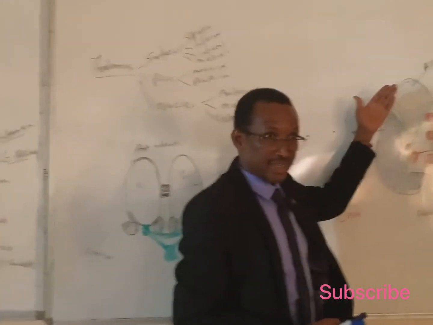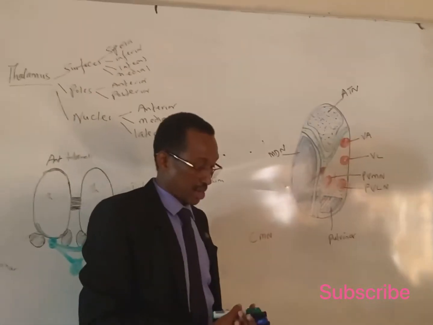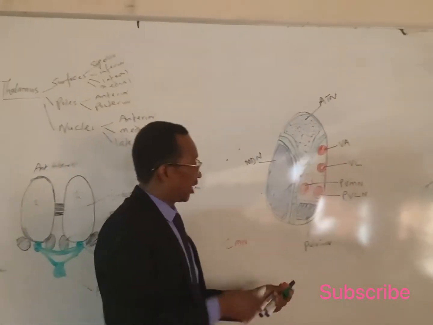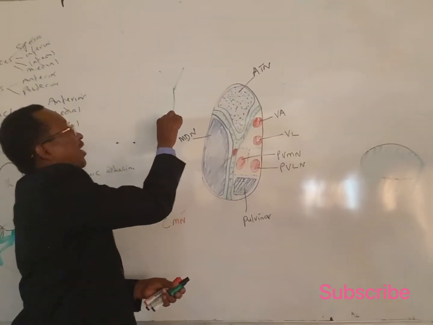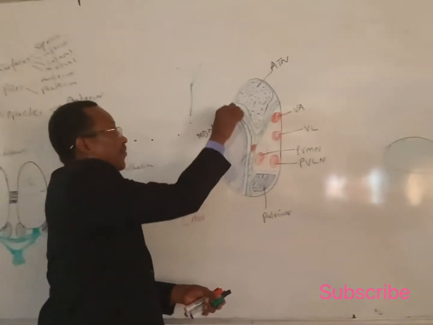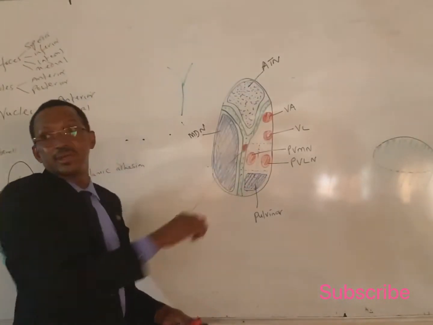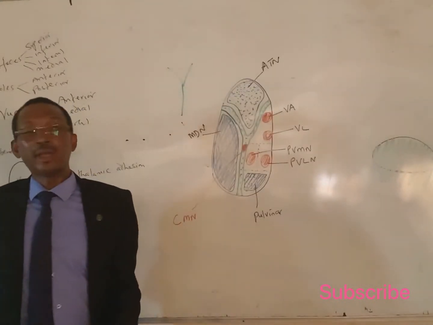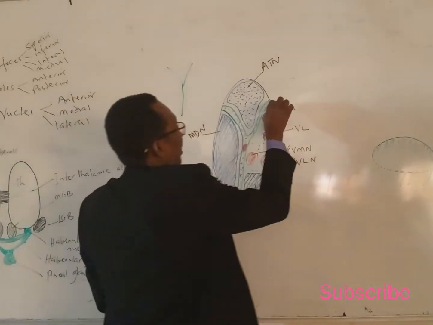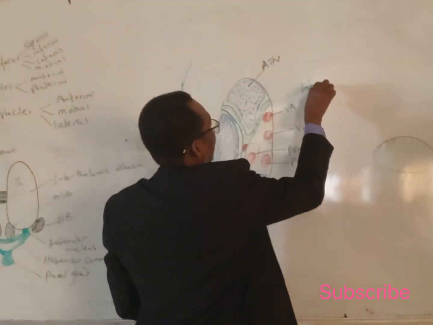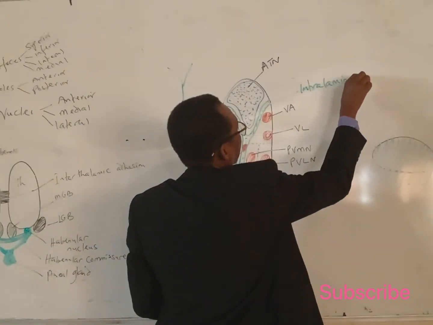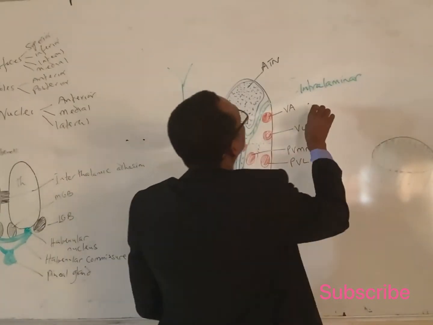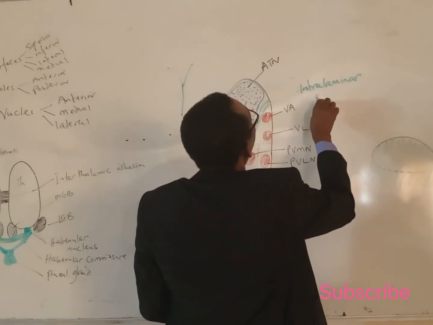So the thalamus, if I now make a transverse section of it, we are going to see that each of the two thalami is divided into three parts by a Y-shaped structure known as the intralaminar septum.